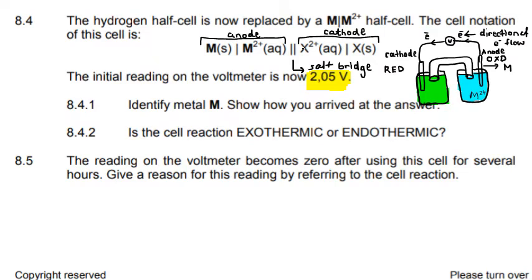From what we are given in the cell notation, there is a metal X, and inside over here is some solution that contains X2 plus ions. What's going to happen over here is that as these electrons are coming into this cathode half cell, these X2 plus ions are going to be attracted to the cathode and be reduced.